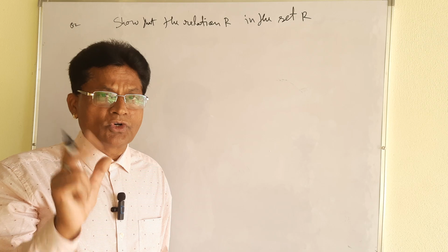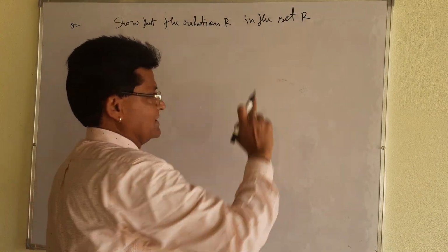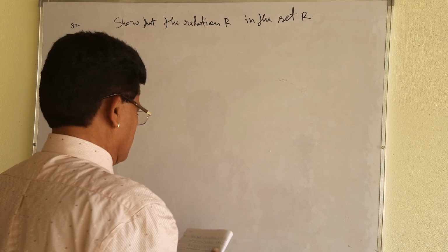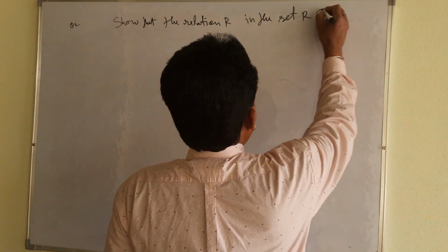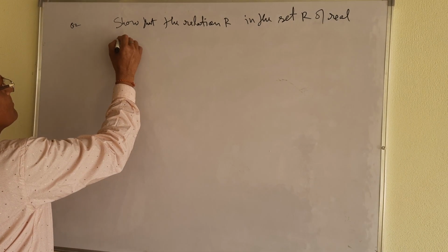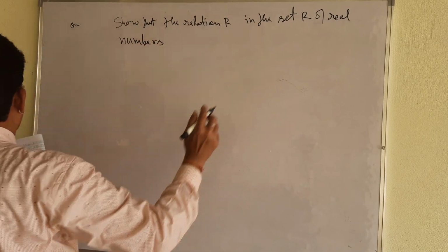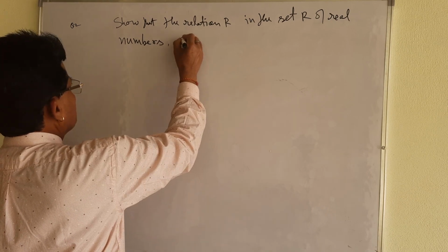That is why there should not be the confusion in both the R's. This is relation, this is set of real numbers, R of real numbers.